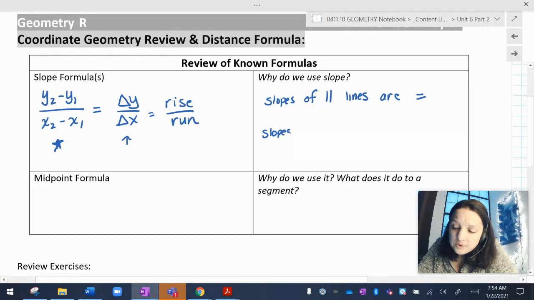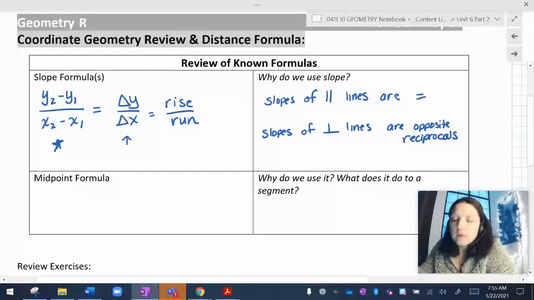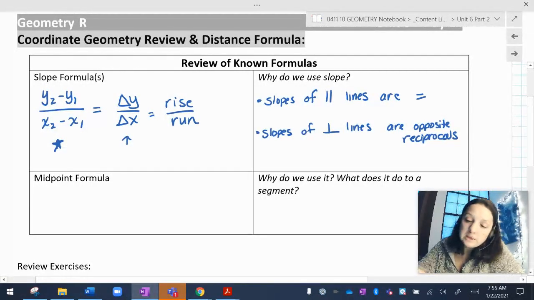And the slopes of perpendicular lines are opposite reciprocals. And that shouldn't be a shock to anyone. All right, so slopes of perpendicular lines are opposite reciprocals, slopes of parallel lines are equal. So make sure you know that.